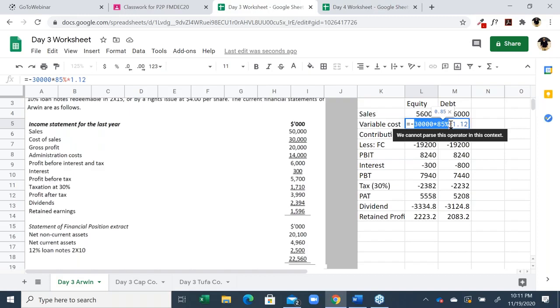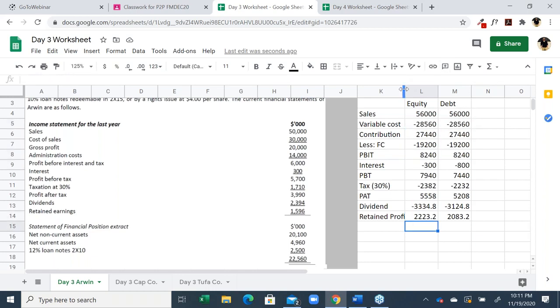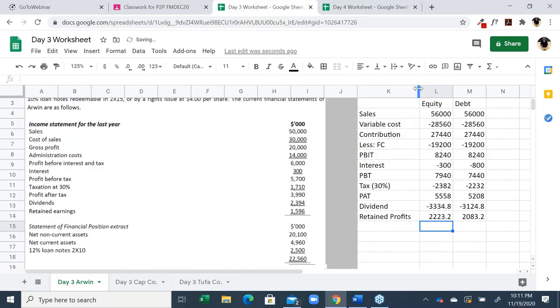So if I take this, it will give me the existing cost of sale. Since sales are increasing by 12% next year, it will also increase your variable cost by 12%. So that's retained profits.